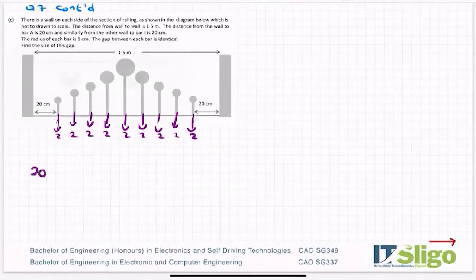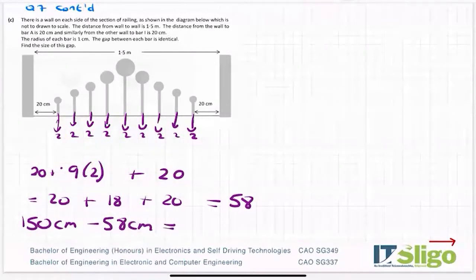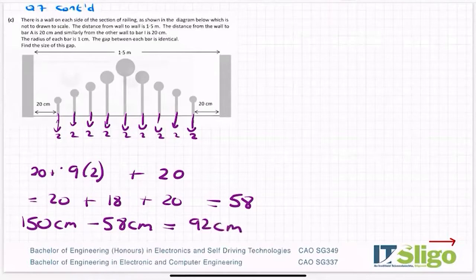Is this as simple as 20 plus 1, 2, 3, 4, 5, 6, 7, 8, 9 twos plus 20 on the other side? So 20 plus 18 plus 20, 20, 40, 58. Okay, and then 1.5 meters, which is 150 centimeters, minus the 58 centimeters is 92 centimeters.